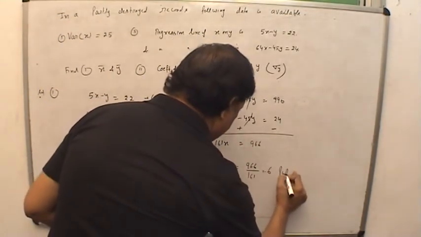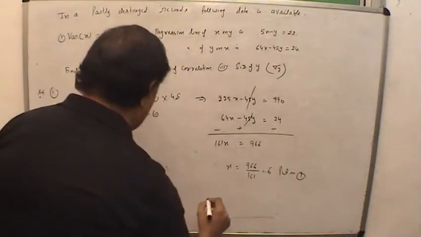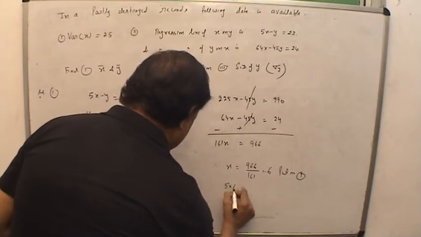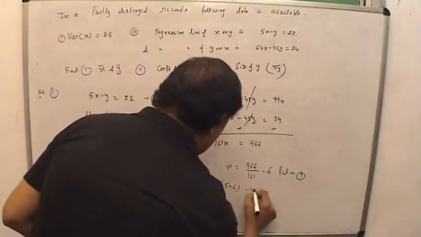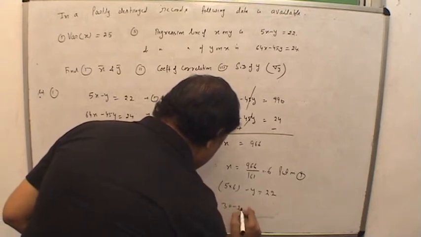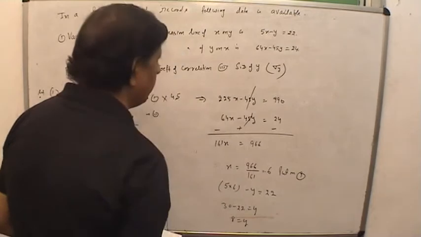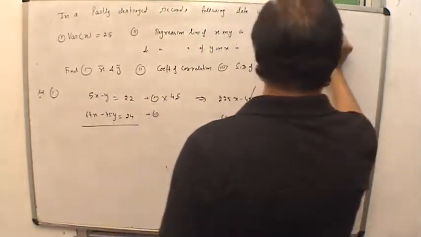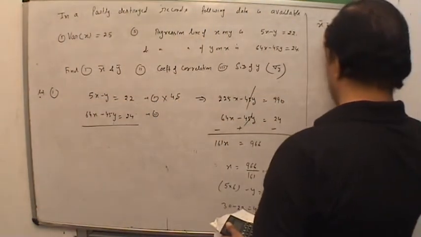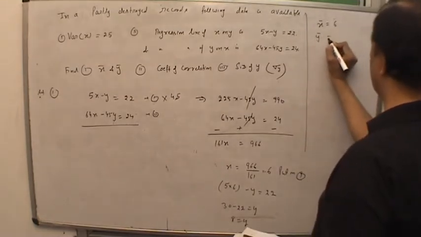Now we put it in 1 or 2. Say here it is 5 into 6 minus y is equal to 22. 30 minus 22 is equal to y, or 8 is equal to y. So we get x bar is 6 and y bar is equal to 8.